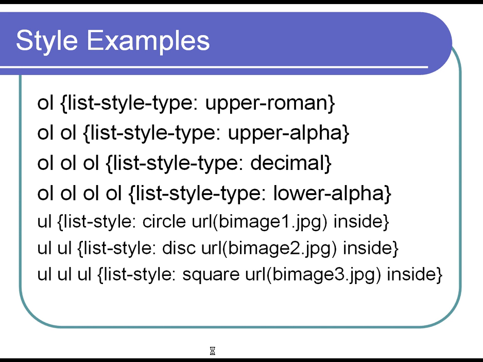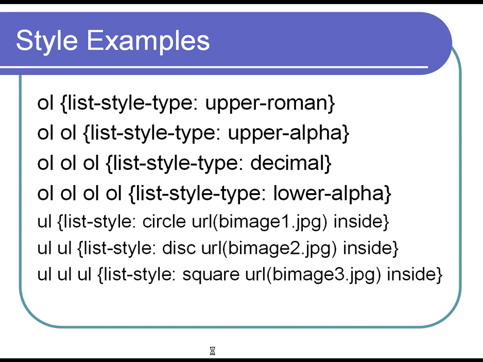So by doing OL, this would be an ordered list. I can make the first level be Roman numerals, and then the second level in is all going to be alpha. So here's the way I can control my ordered and unordered lists and tell what I want for each level.